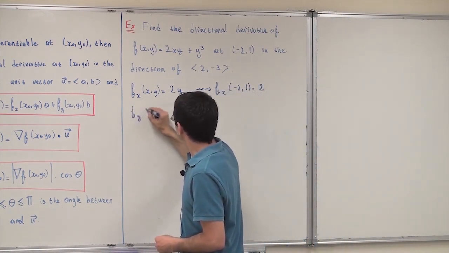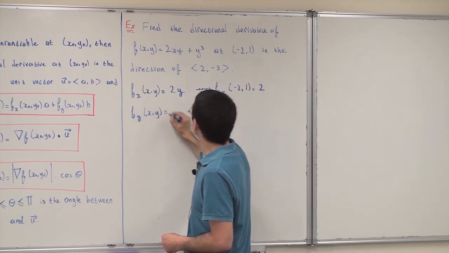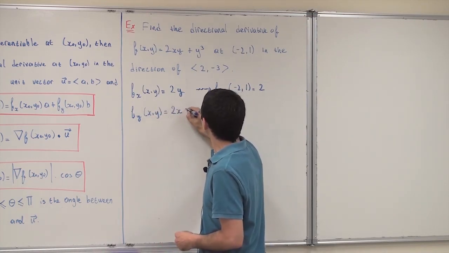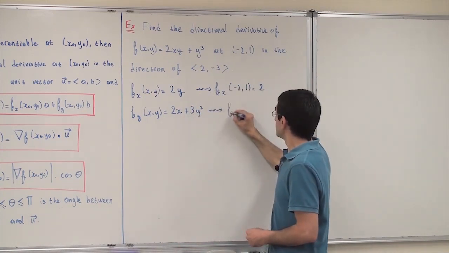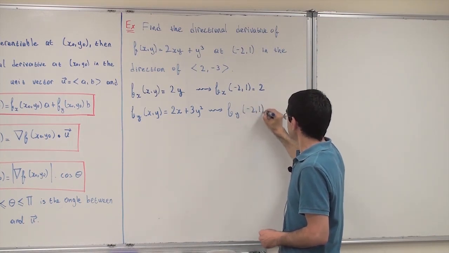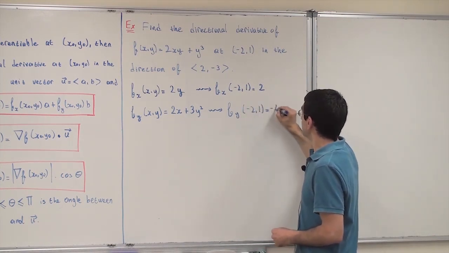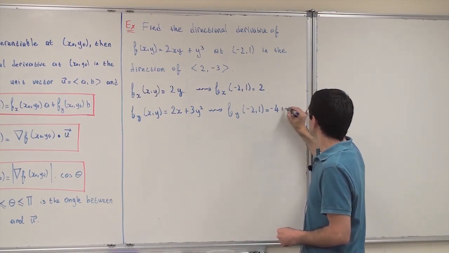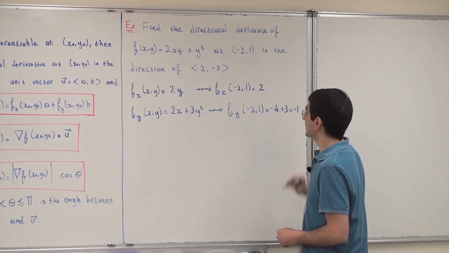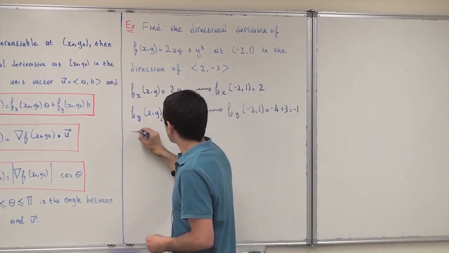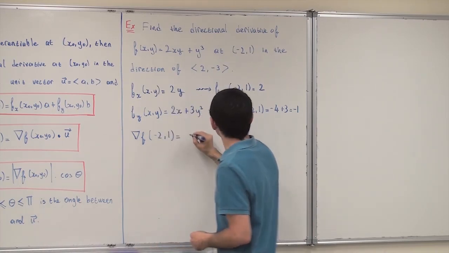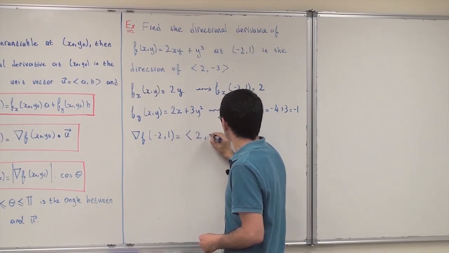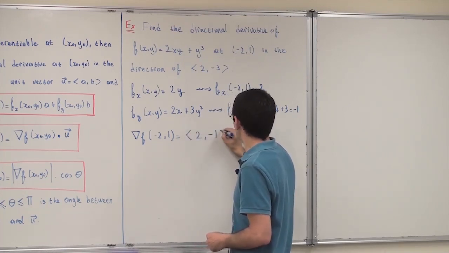The partial derivative with respect to y is 2x plus 3y squared, evaluated at the point, and we get negative 4 plus 3, which gives us negative 1. So, the gradient vector of f at the point negative 2, 1 is 2, negative 1.